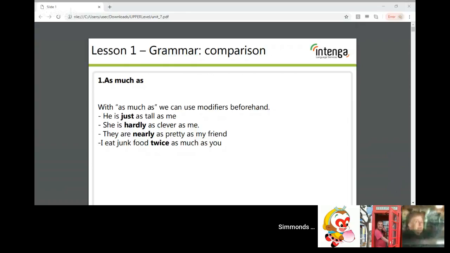So this person eats double the amount of unhealthy food, let's say, as the other person in this case. Good. So you can see that these words make a big difference. If we remove twice from this sentence, I eat junk food as much as you, then both people, the I person, the one who's speaking, and the one they're talking to, you, basically eat the exact same. But if we add twice, then this person, I, eats double the amount.